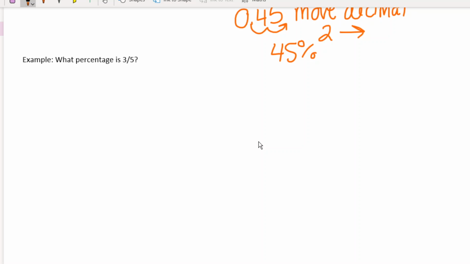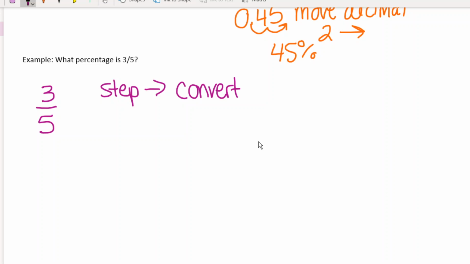And then this last one here asks us what percentage is 3 over 5. So we're starting with a fraction here. And our first step is, because it's hard to make a fraction directly into a percentage unless it has 100 on the bottom, our first step is going to be to convert this to a decimal.